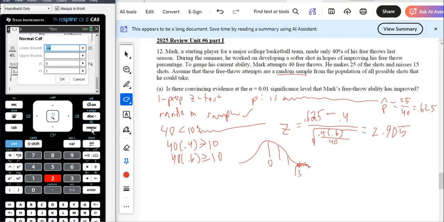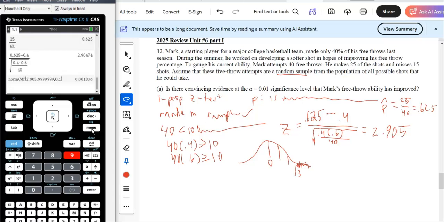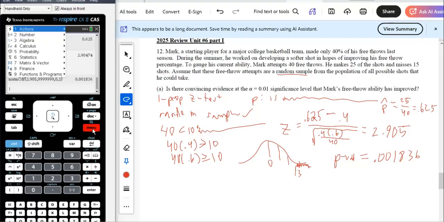We're going to go from 2.905 to infinity. 0 and 1 are default because it's z-scores. So the p-value we think is 0.001836. That's pretty small.